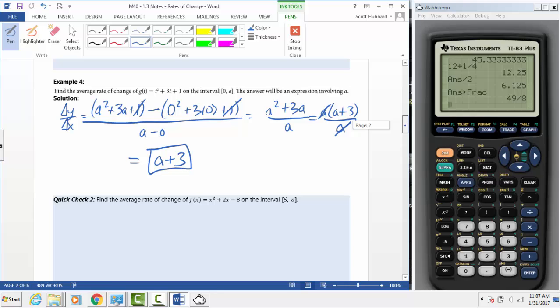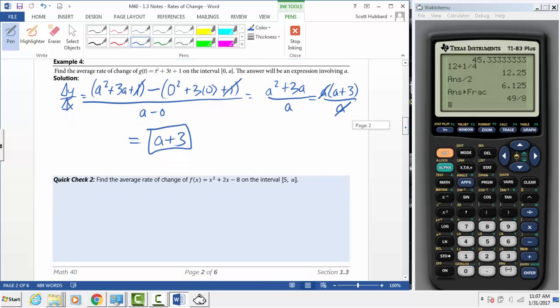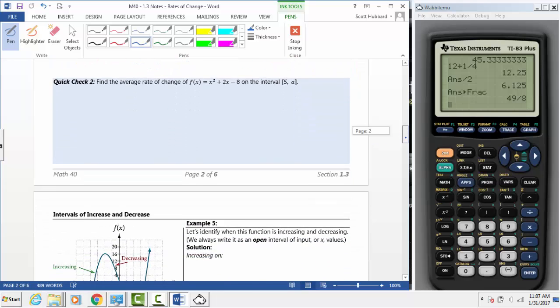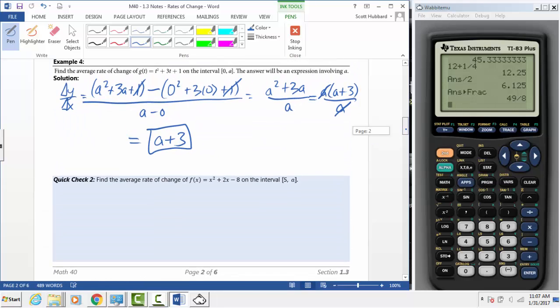Okay, so that's how we do that. This one don't worry so much about, but I'll post the answer to it on Canvas for the filled-in notes. Okay, just know that whatever the inputs are, you just put that on the bottom, and on the top you just put the outputs.